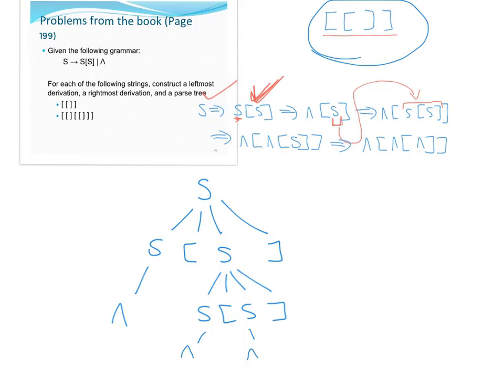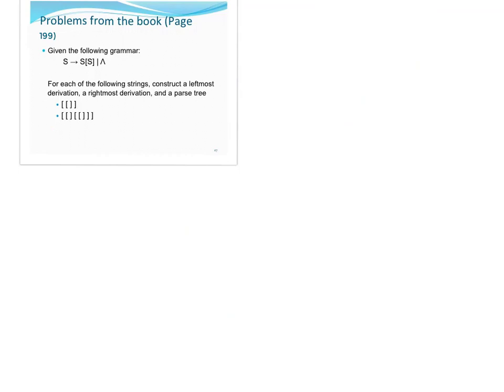Now what I'm going to do is why don't we just do the rightmost derivation for this second one, because it's pretty messy, and then I'll leave it to you to do the leftmost derivation for that and the parse tree for that. So let me clean up my screen. Hang on. And now we are going to try and do a rightmost derivation for it. It's open, open, close, open, open, close, close, close.